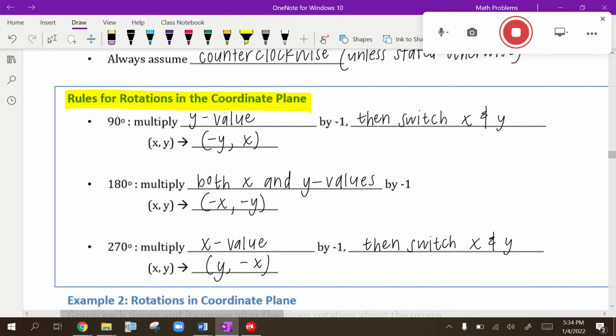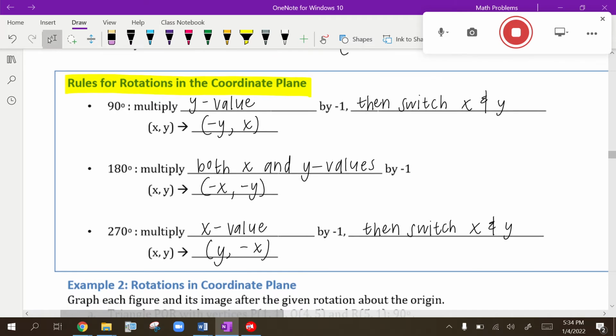For 180, you multiply both the x and the y values by -1, so x comma y becomes -x comma -y. And then 270, you multiply the x value by -1, then switch x and y. I have also a video to show you an explanation to help you understand why these are the way that they are. I can post that under the resources for this topic.